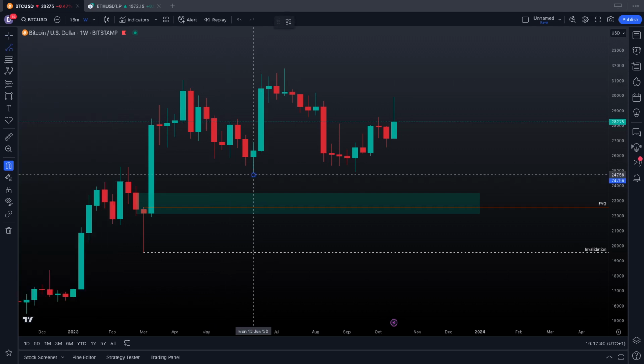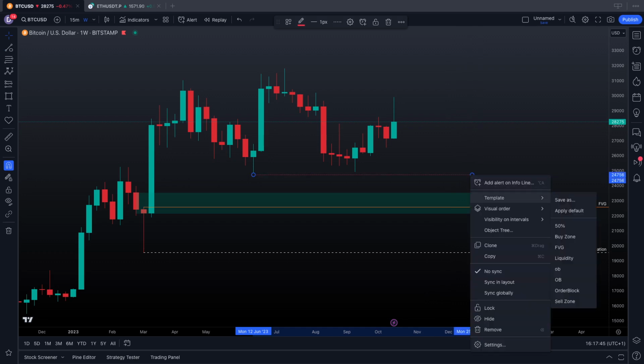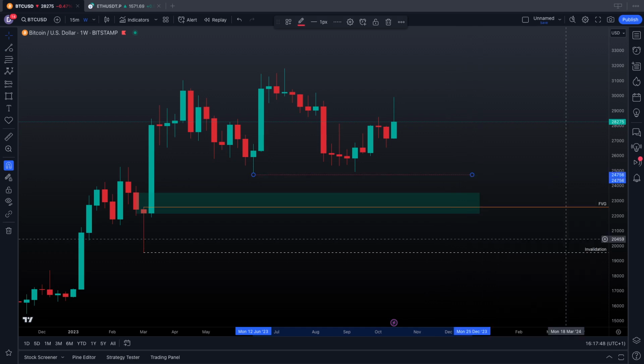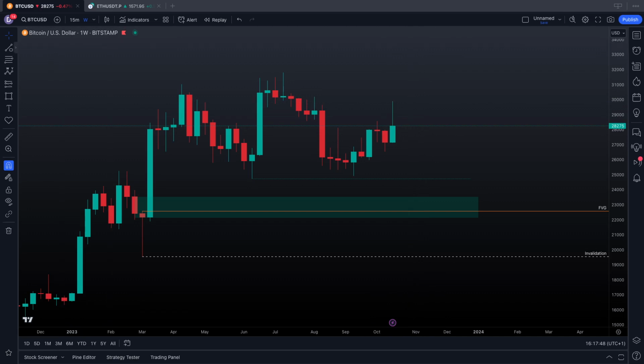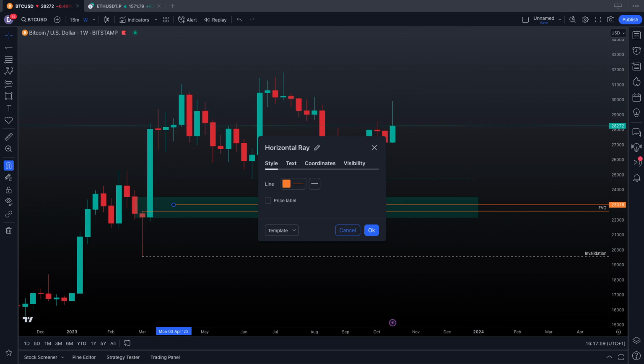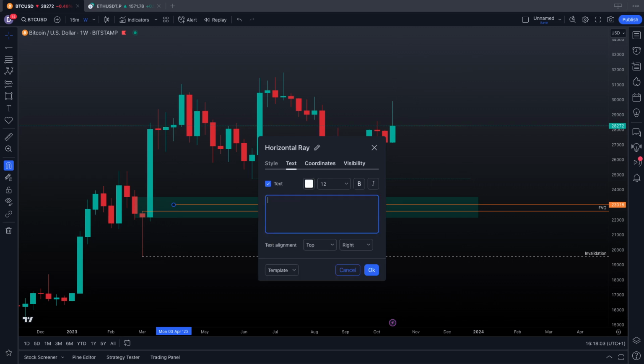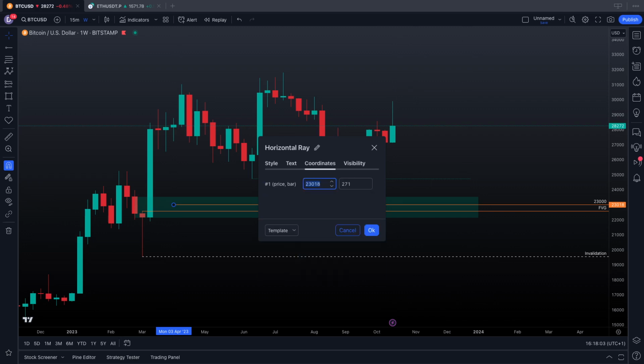And that falls here on this double bottom. Like so. And you can also mark out things like 24K liquidity or 23K liquidity. I marked out 23K, if you guys haven't noticed, for a couple of reasons, which I'll go into in a moment. Like so.